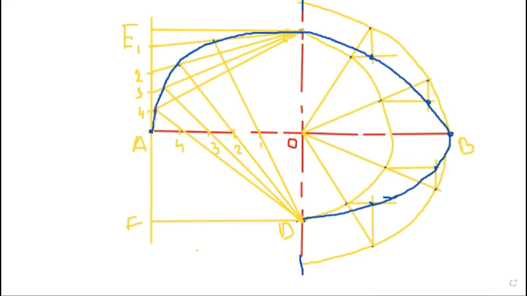So for this, each point we draw a vertical line. Okay. Now measure the vertical height of this point from OA.